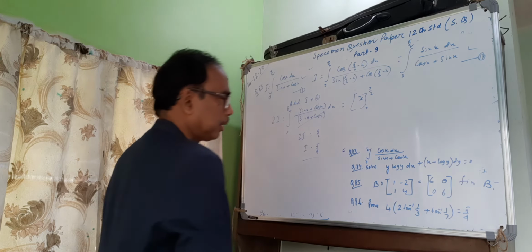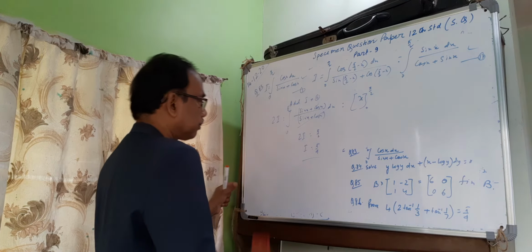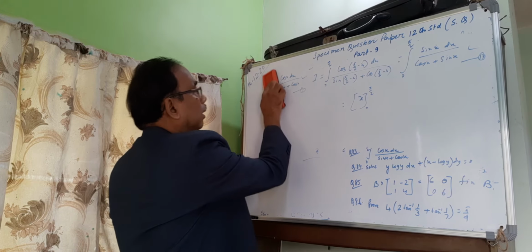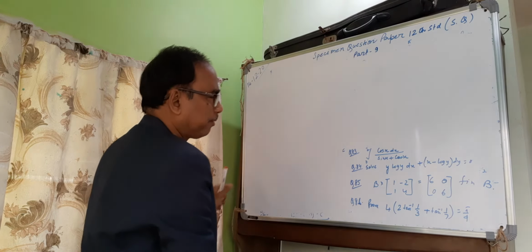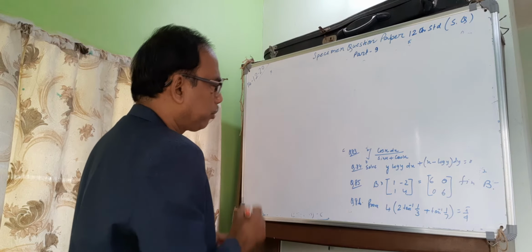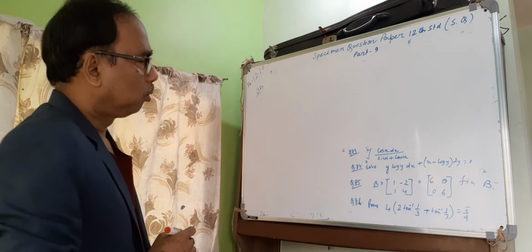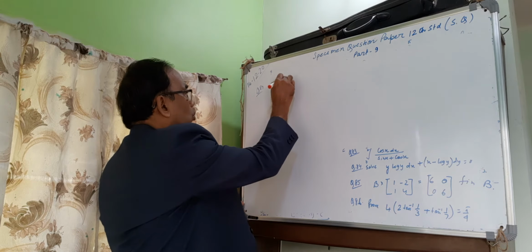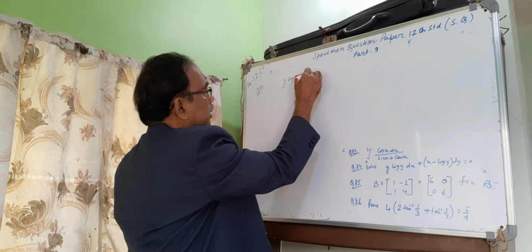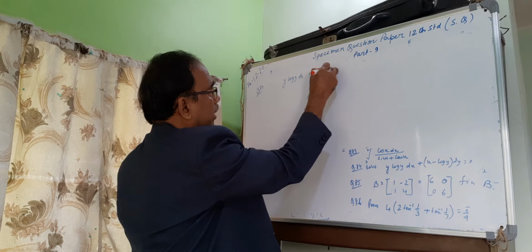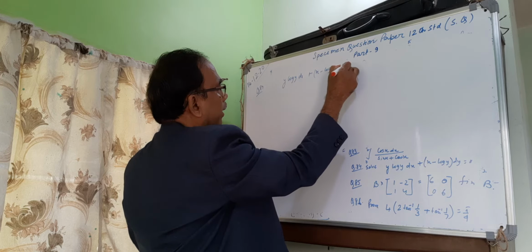Question number 84, it is a differential equation sum. y log y dx plus x minus log y dy equals 0.